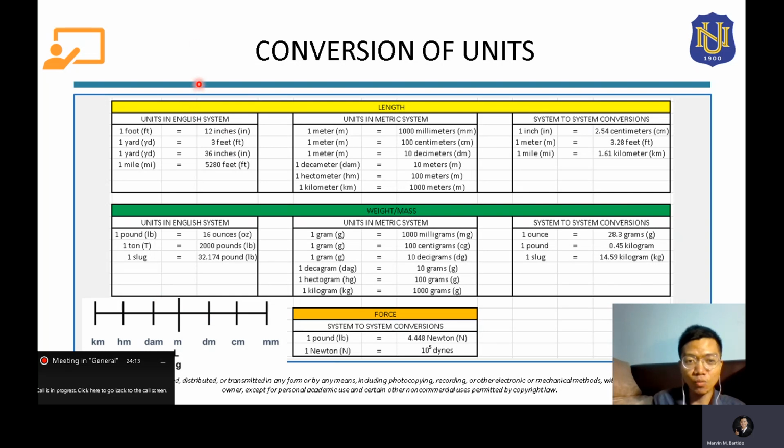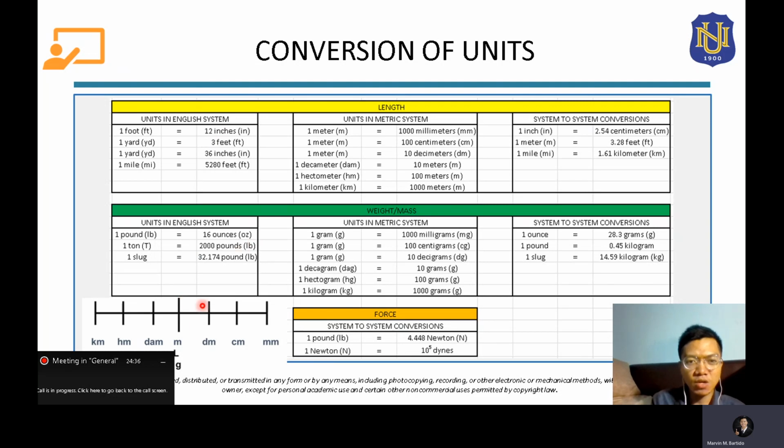So this will be 1, 2, 3 moves, but you will include 1 in your move from right to left. So what will happen is that you're going to add 2 zeros. So that will be 0.001 kilometer. So 1 meter is 0.001 kilometer.